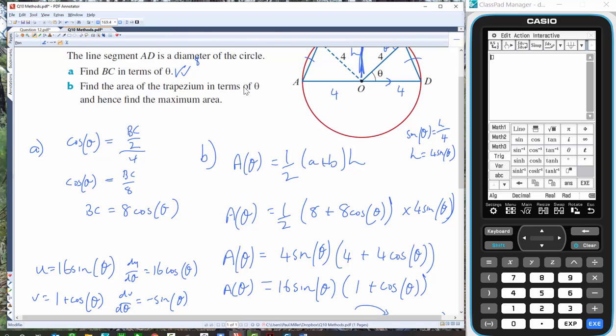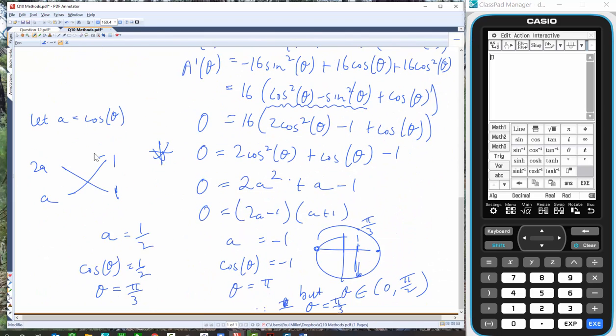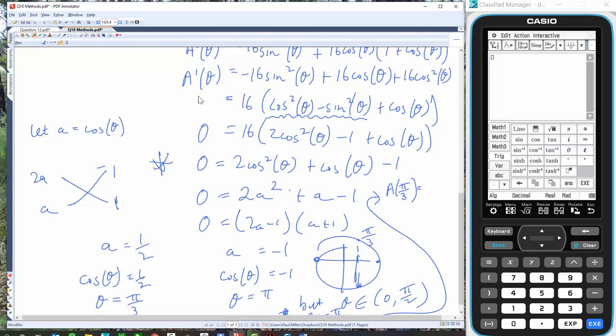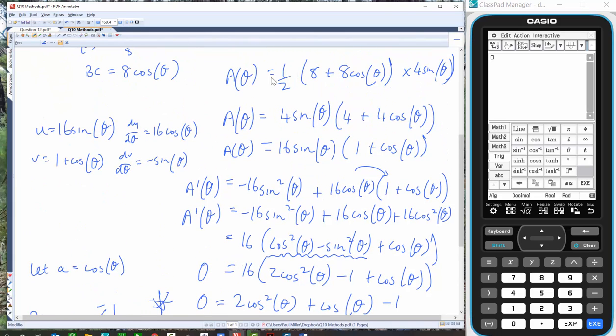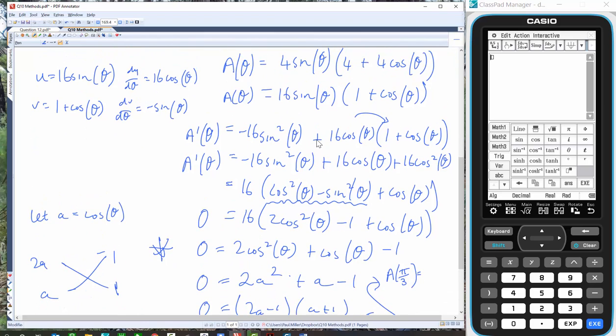And I'm guessing we have to find the area. So find the area of the trapezium in terms of theta, and hence find its maximum area. So all we would do at this point is, and I'm running out of room fast here, but I'm just going to do it over here. I would do A of pi on 3. So slam pi on 3 into your area function, which is this thing here, and see what you get. So let's work it out.